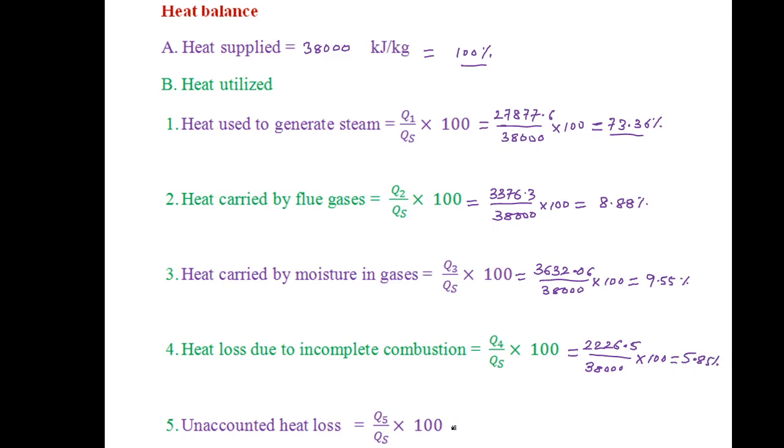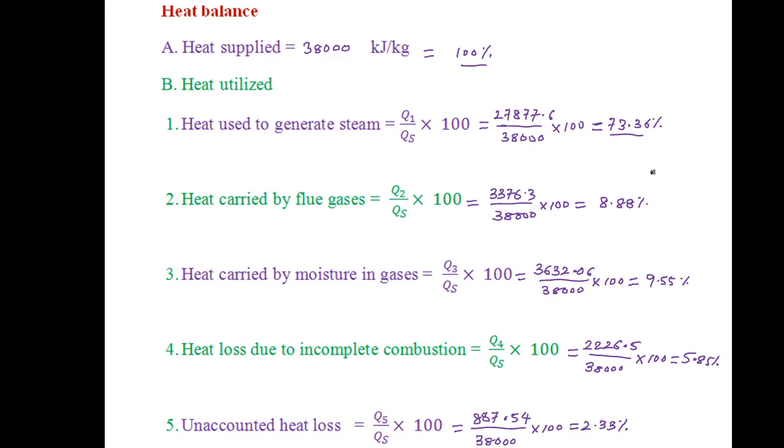So the unaccounted heat lost is 887.54 divided by 38,000 into 100. This gives us 2.33% of heat unaccounted.